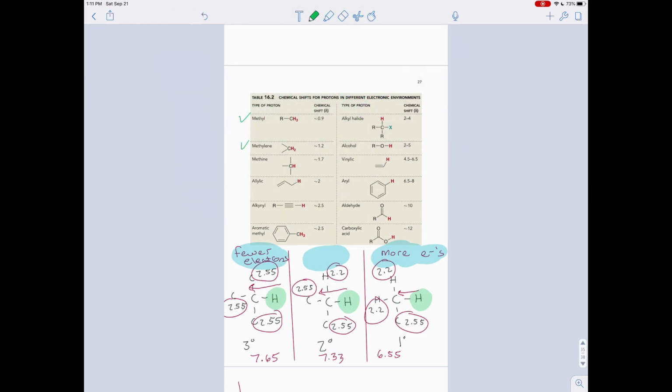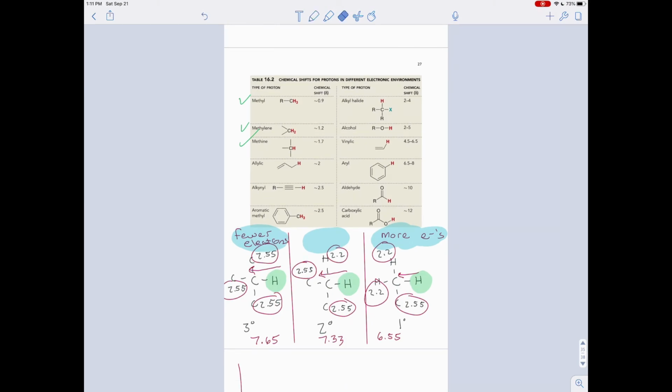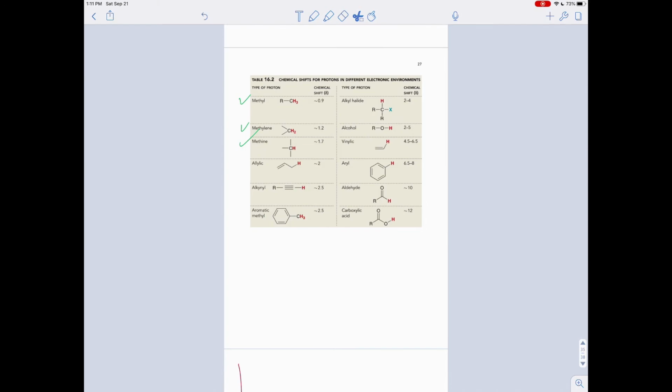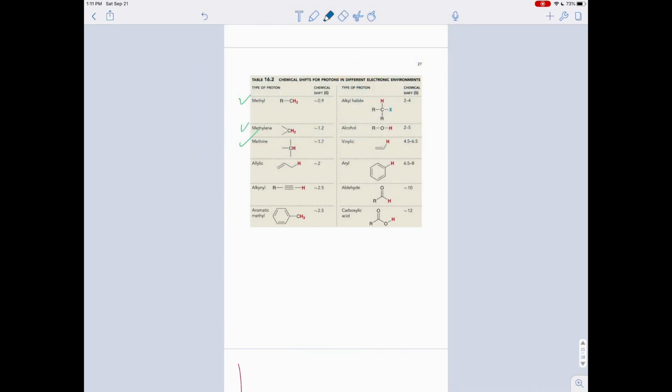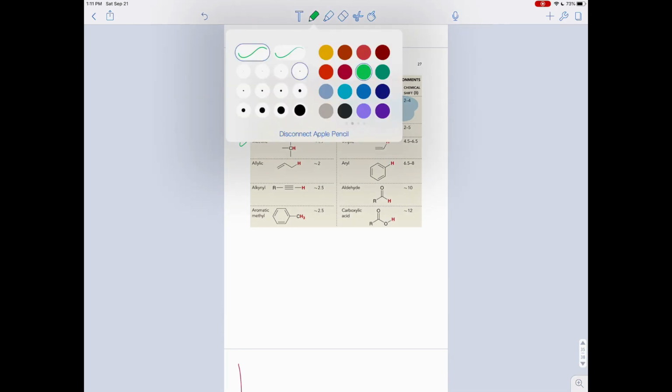So we've considered those. There's a similar trend with what happens when you have very electronegative atoms nearby. So we were just talking about carbons and hydrogens. Carbon is more electronegative than hydrogen, but not by a lot. In the case of halogens, the difference in electronegativity is much bigger.